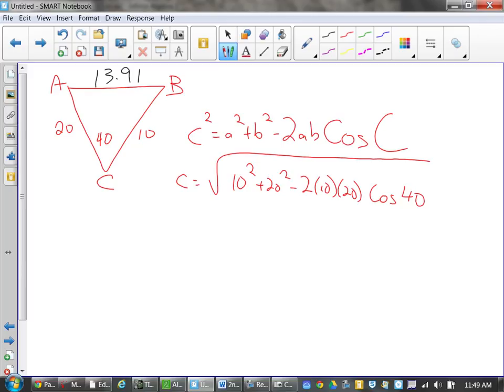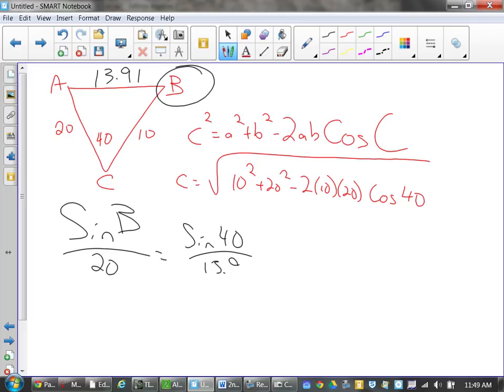In this case, you have to find angle A or B first. B, if you look at this triangle, is going to have to be the largest of the three angles, and if it's not, there's no triangle. So you only need to use the law of cosines when you have two sides and an angle.